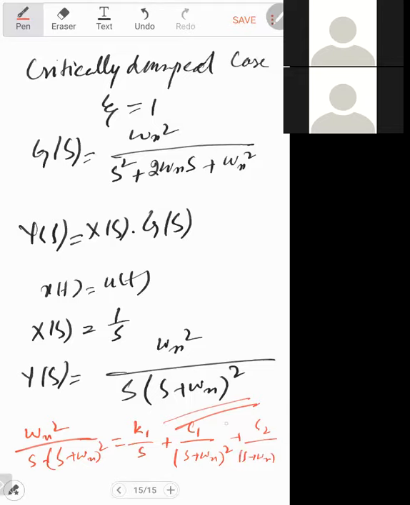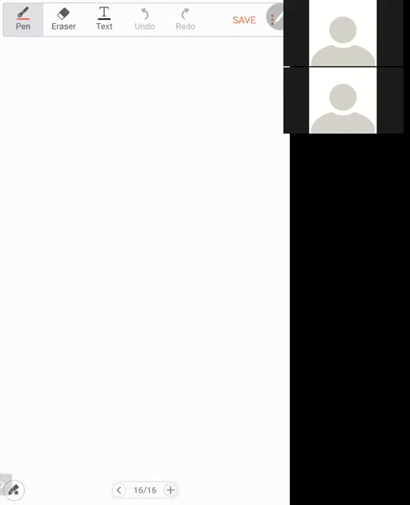So we have to find C1 and C2 for the repeated roots and K1 for the real root. Let us use the partial fraction method and find the value of K1, C1 and C2.